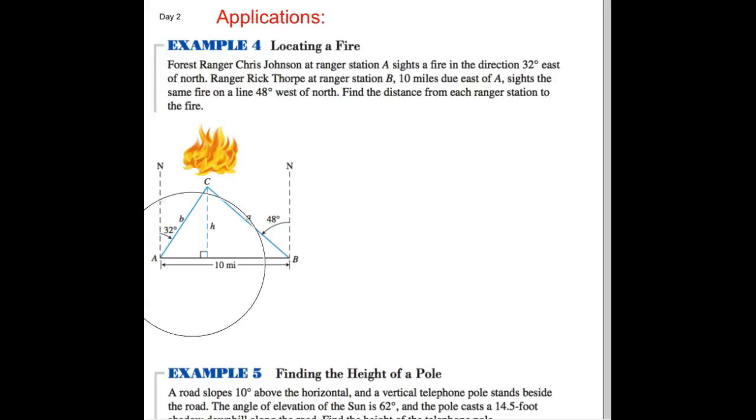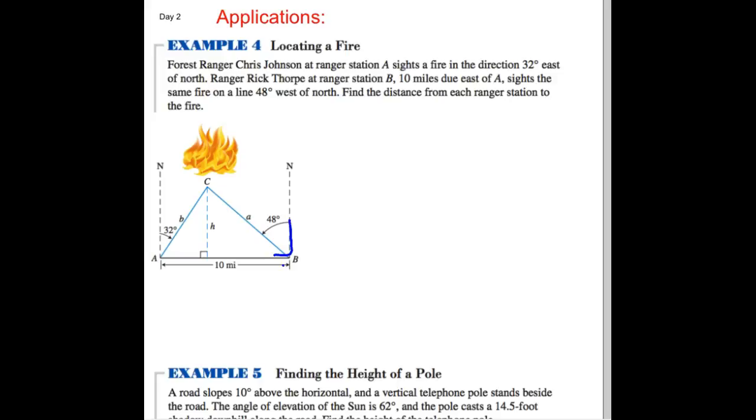They also said that the two ranger stations were due east, like Station B is due east of Station A, so straight east, and they're 10 miles apart. The two angles they gave us were on the outsides of the triangle. Can we find the ones on the inside? What do we know about this?